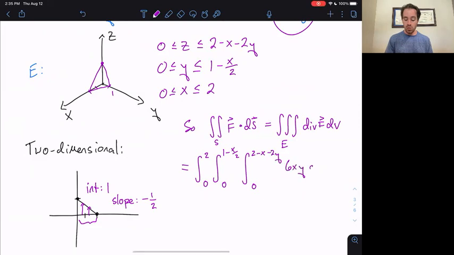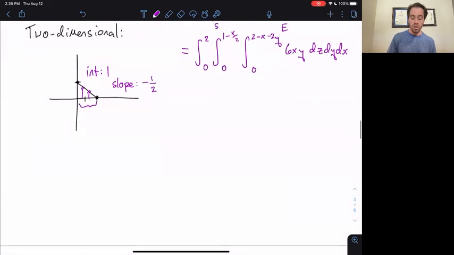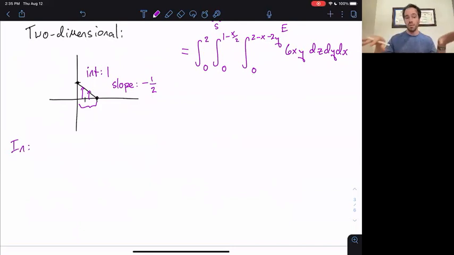The integrand is 6xy, and we're going along z first, then along y, and then along x. So now we're going to do the classic thing where we split it into the inner, the middle, and the outer. Everything is polynomials, so the worst thing we're going to have to do is maybe some messy expansions, but it's not conceptually difficult.